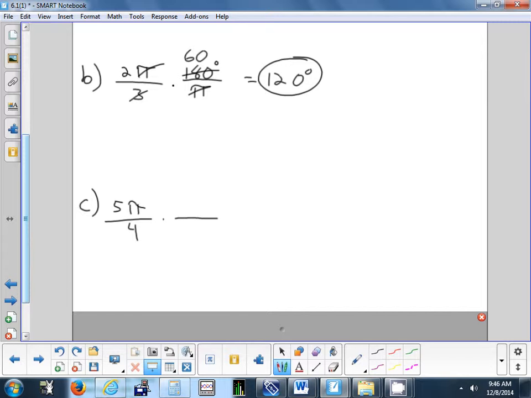So multiply, what's going to go on top? 180, and on the bottom? Pi. So my radians cancel, pi cancels. How about 4 into 180? How many times? 45. And that's the step I jumped to right in my head.